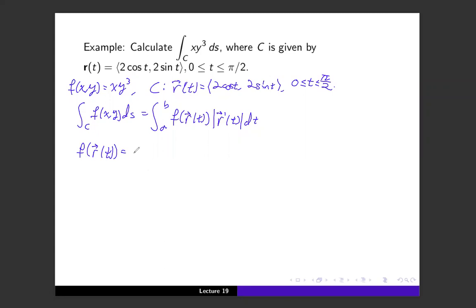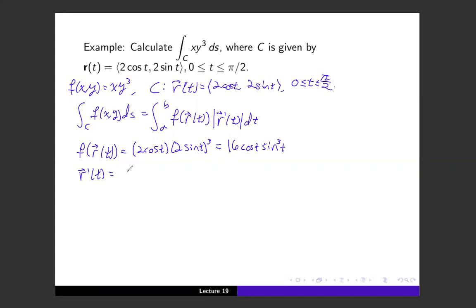Now, x is 2 cosine t, so that becomes 2 cosine t times 2 sine t cubed. Or in other words, this whole thing is going to become 16 cosine t sine cubed of t. Meanwhile, we're going to need to know the magnitude of r prime.